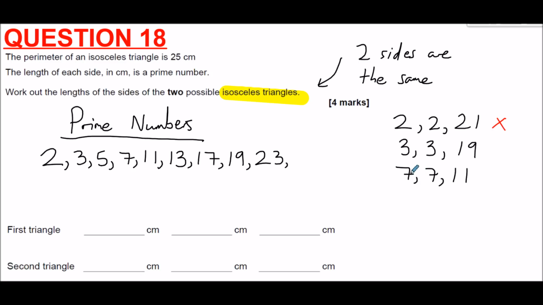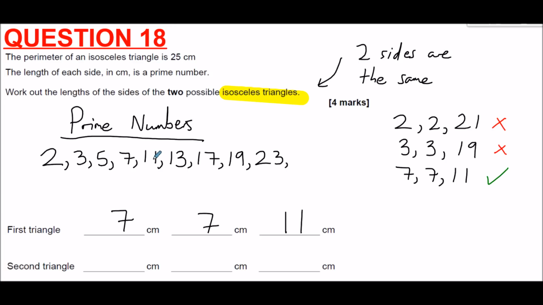All of these are prime, and 2 7s is at least 11. So that one would be a valid combination. And so our first possibility is that we can have two sides which are 7 and another one which is 11. So let's carry on.